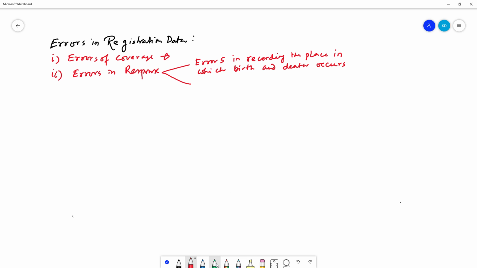And another way is errors in recording the cause of death.